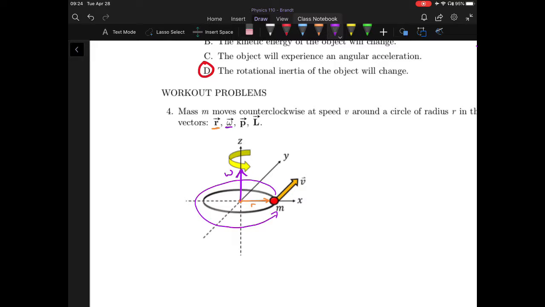So that would be in the k-hat direction for those of you thinking about unit vector notation.